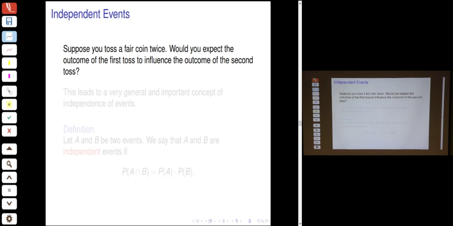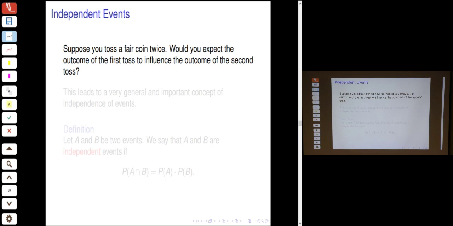Now I'm going to introduce quite a number of terms in probability theory, but they are all very simple terms. The first thing I want to introduce is independent events. Suppose you toss a fair coin twice.